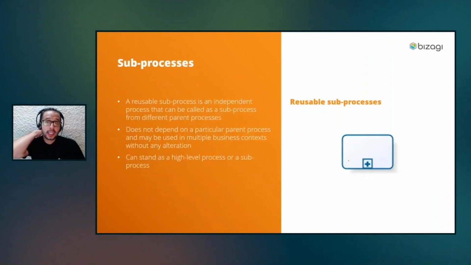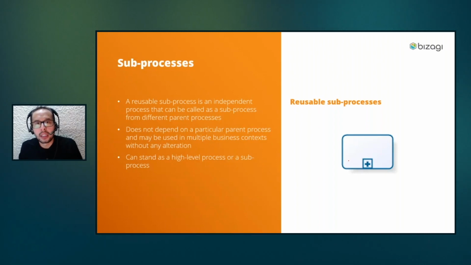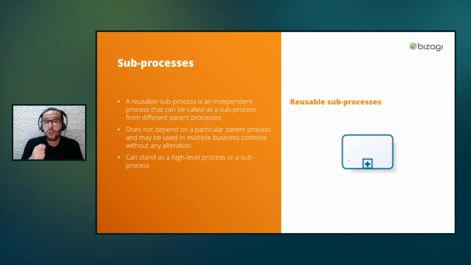The first one is an element that is an object from the notation. Remember that all diagrams created in Bizagi follow BPMN, Business Process Model and Notation. It's a standard, well known by the whole industry, and that's basically what we use in the company. So to create process diagrams, there is one element called reusable sub-processes.